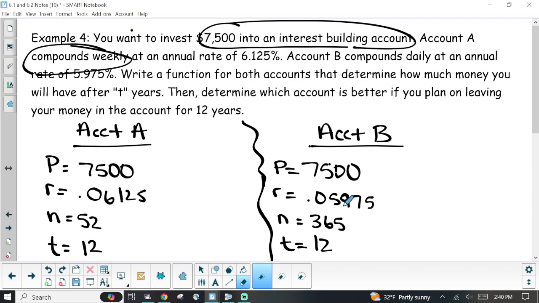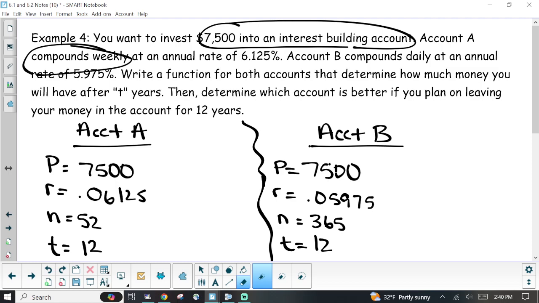And now, guess what we get to do twice? You just have to do the formula for both of them and compare which one has more. Now, if you're thinking, I don't want to do this in real life, there are calculators. If you Google interest calculator, there are literally calculators where you can crank in the numbers and it'll tell you how much it is.